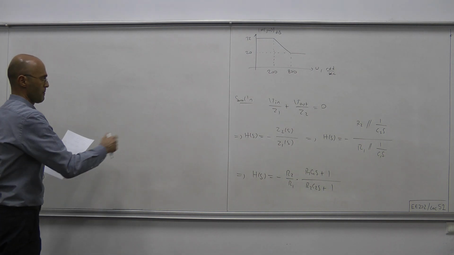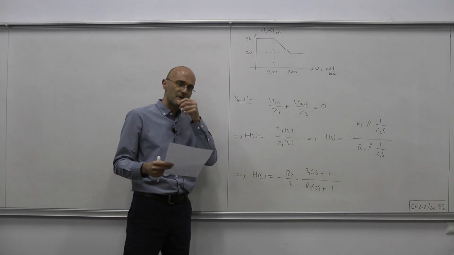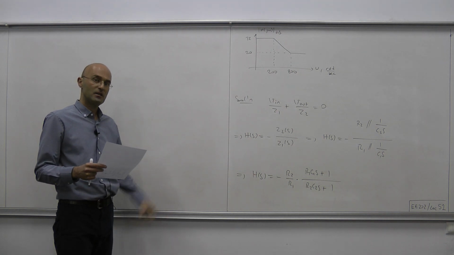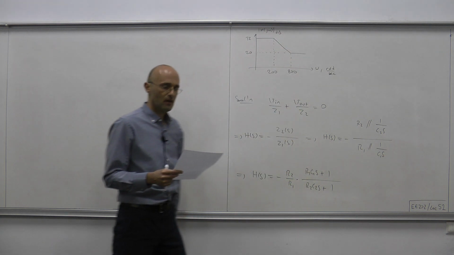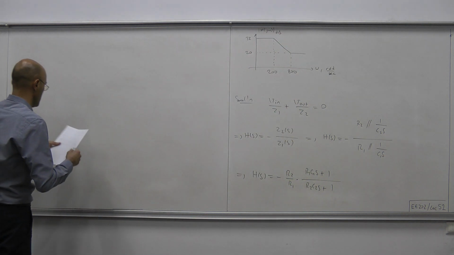Having obtained the transfer function, let's write down the magnitude of H(j omega) in dB in terms of our parameter values.